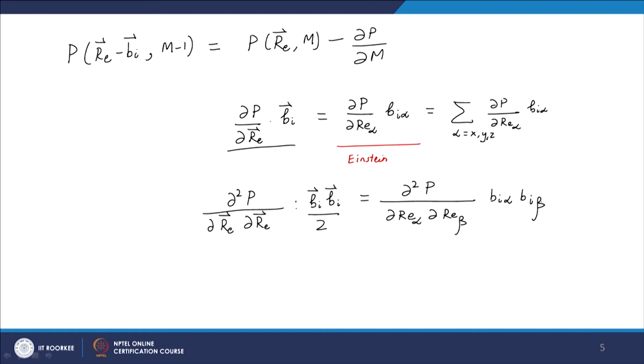Again you can see this is now a tensor representing the same tensor we have here.